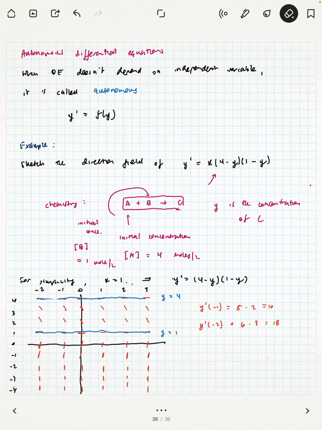But on the other hand, if we're somewhere in between, we drop down from 4 down to 1. We want to go down from 4 to 1. And similarly, it's actually very steep. It looks more like this.